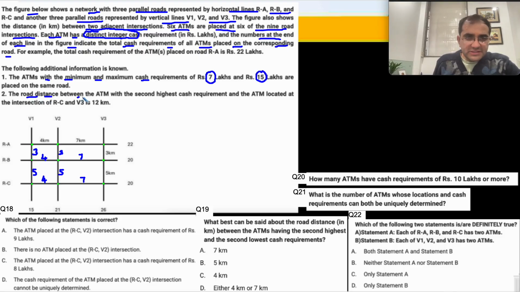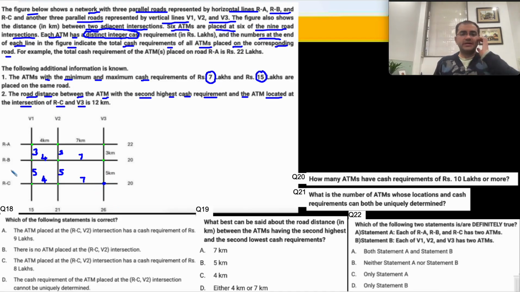The road distance between the ATM with the second highest cash requirement and the ATM located at RCV3 is 12. यानी कि RCV3 पे एक ATM है.